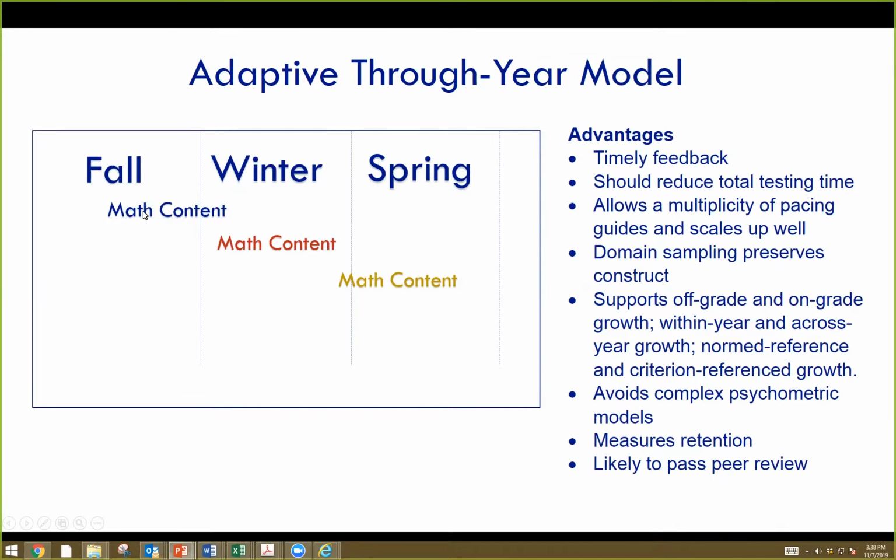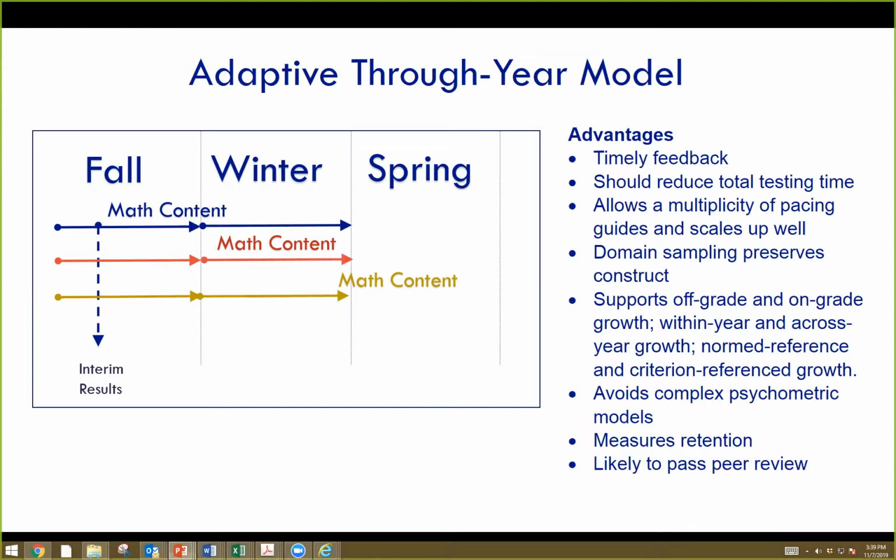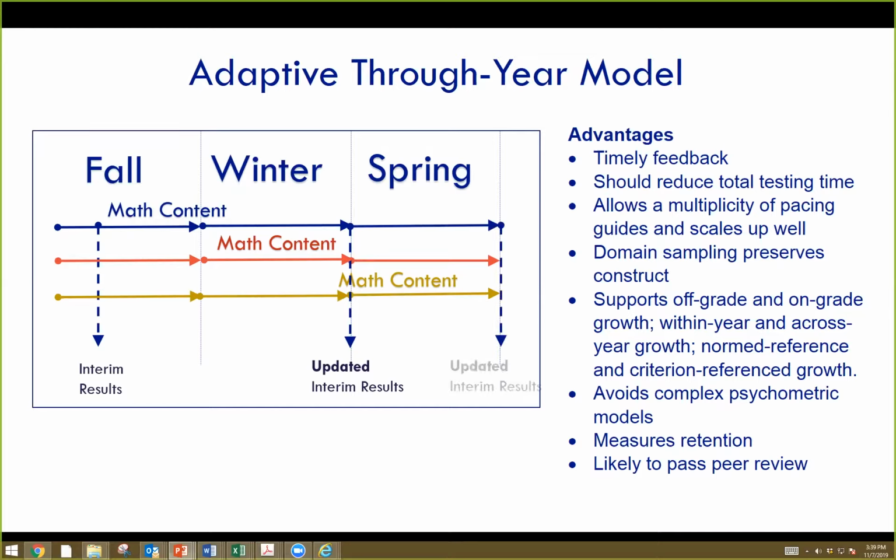It will adapt to where the students are and what they know. So once again, we're teaching, we give an interim test, and we get interim results. That can inform instruction as we move forward. We test again and get updated interim results. We continue to teach, hopefully informed by those updated interim results. And then we test again and get updated interim results again.